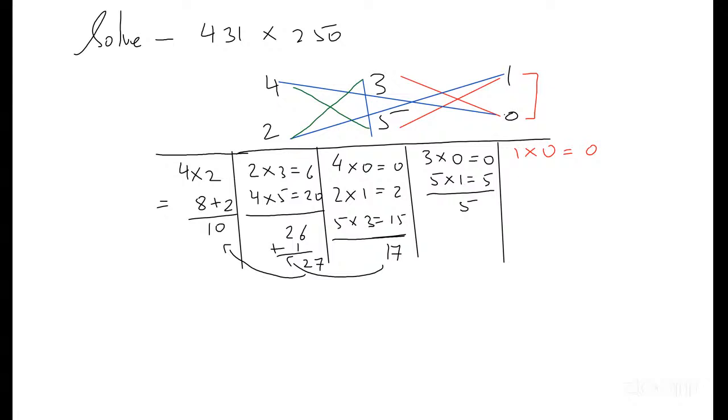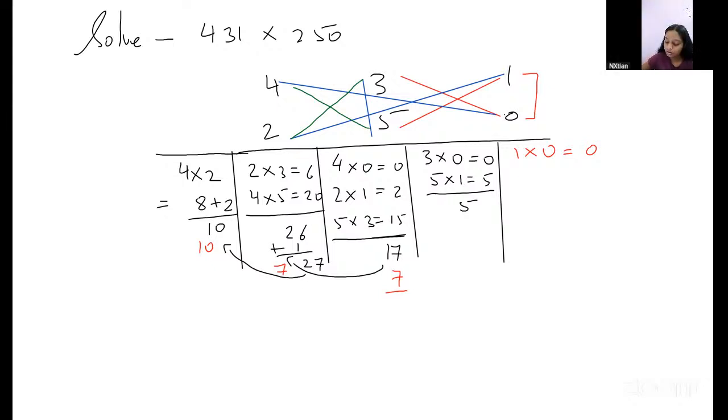We will carry because I think we can only take 1-digit numbers in the sutra, in all of the answers. So here I'll have 10, here I'll have 7. Okay, now we'll put them together. Answer becomes 107,750.